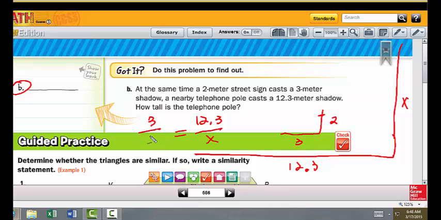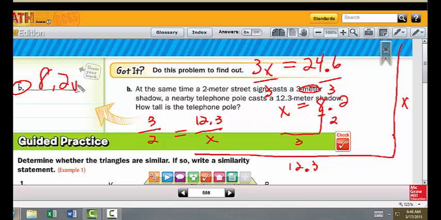We have 3 over the height of the street sign, which is 2. So we have our equation, so we end up with 3x equals, that's 3 times the x, 2 times 12.3 would be 24.6. Divide both sides by 3, and we would get x equals 8.2. And we remember that we're talking about meters, so it's 8.2 meters.